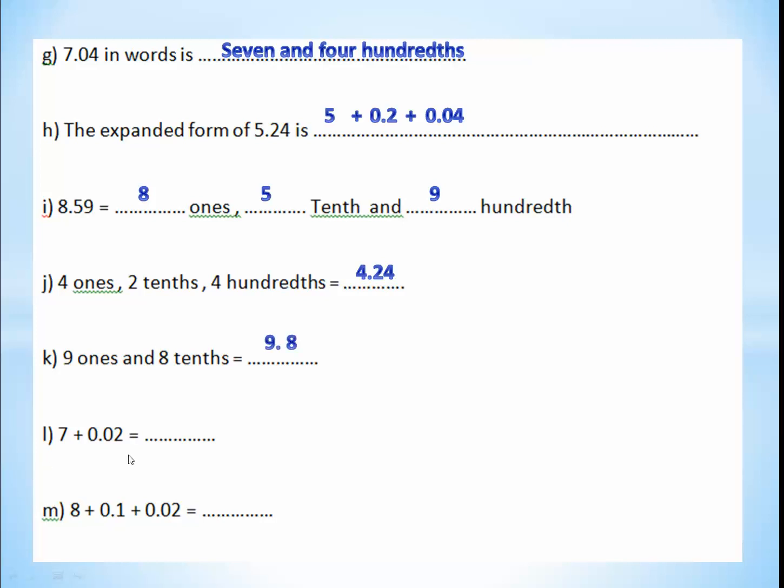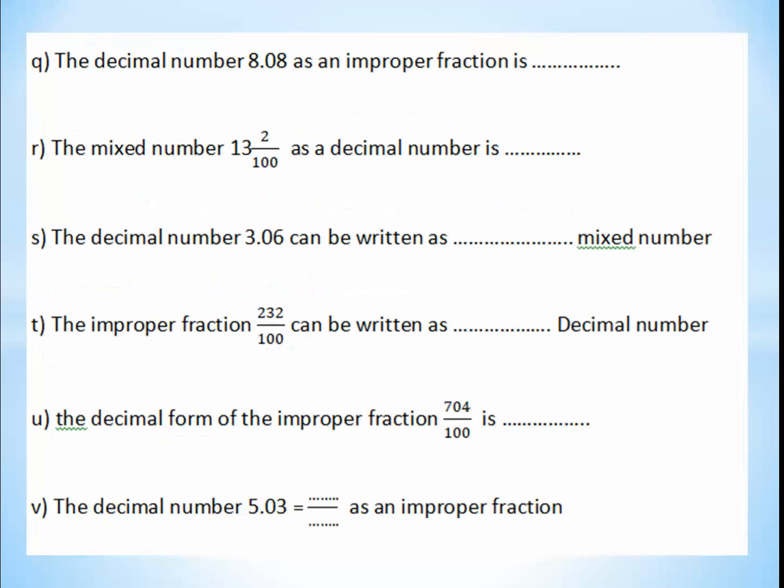7 plus 0.02 means 7 and 0.02. 8 plus 0.1 plus 0.02 means 8.12. The decimal number 8.08 as an improper fraction.